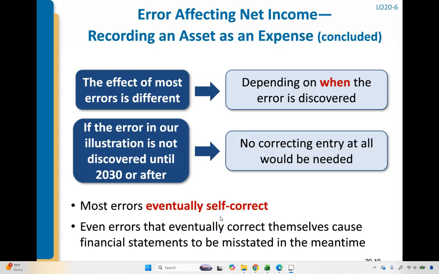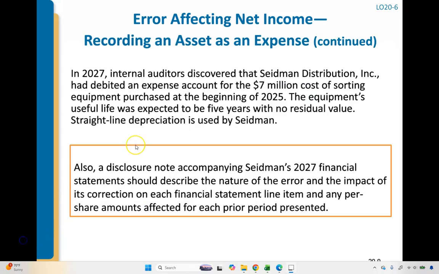Because even though each year that's shown has an error, at the end of the day, because it's all depreciated, the errors have corrected themselves because the retained earnings number is right. Eventually, we would have gotten $7,000 of depreciation expense, except we just took it in 1 year instead of over 5. But when you're looking at 2030, at that point, it's self-corrected and we do not restate our financial statements.